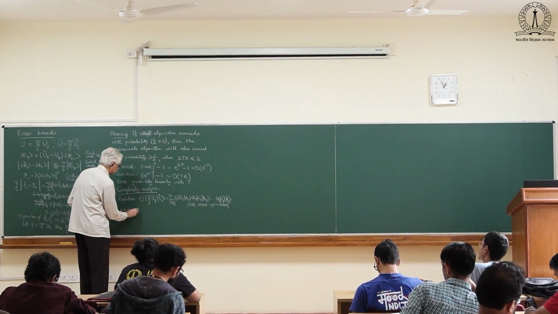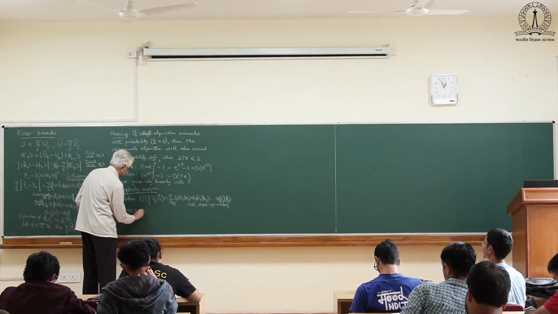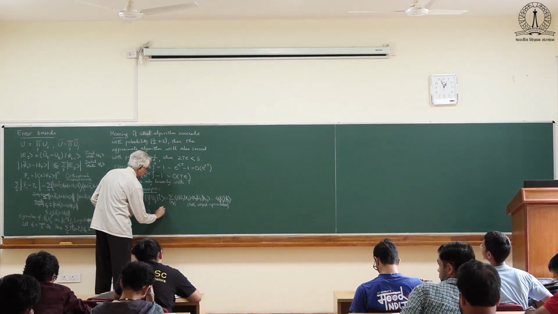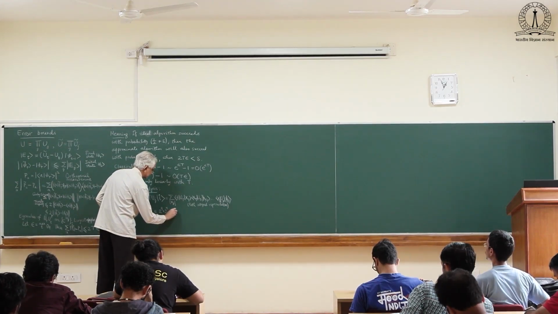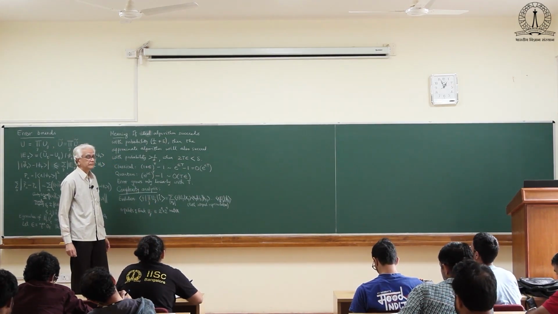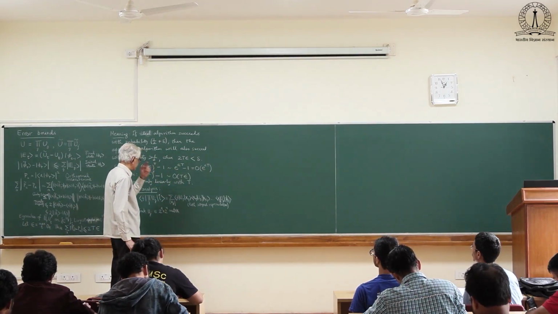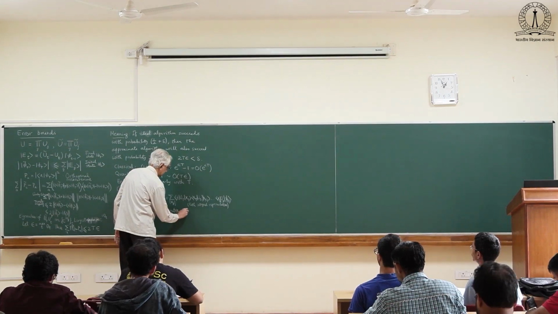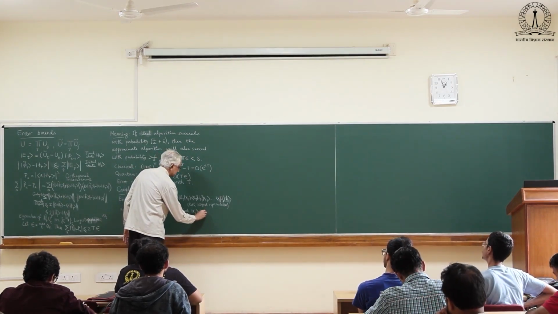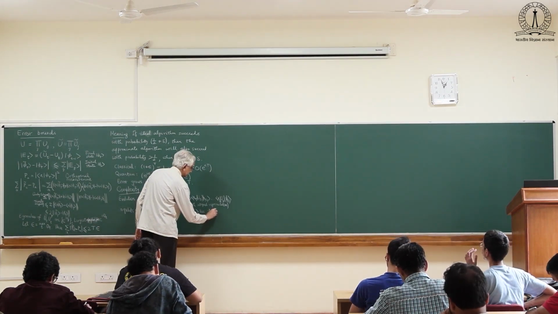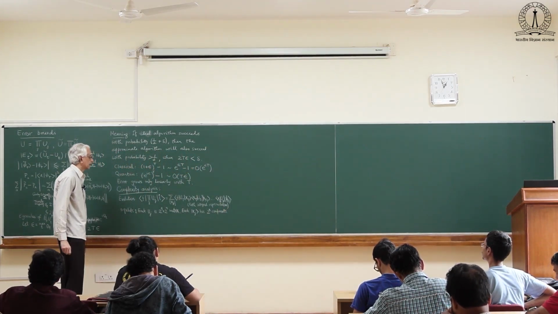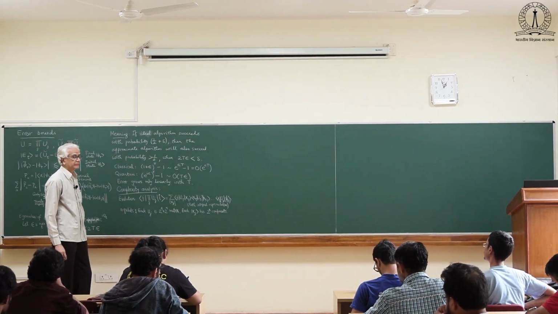Each u_j is a 2^n times 2^n matrix, and each x has 2^n components.